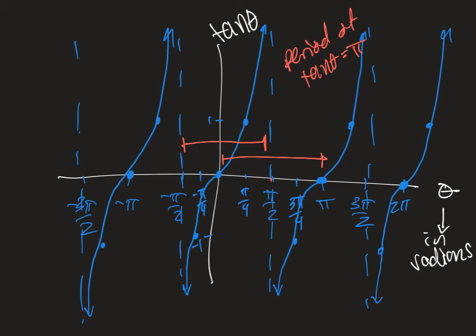Nope, that's not true, because if you multiply it by 2, you get pi. How should I say that? Every odd integer multiple of pi over 2.